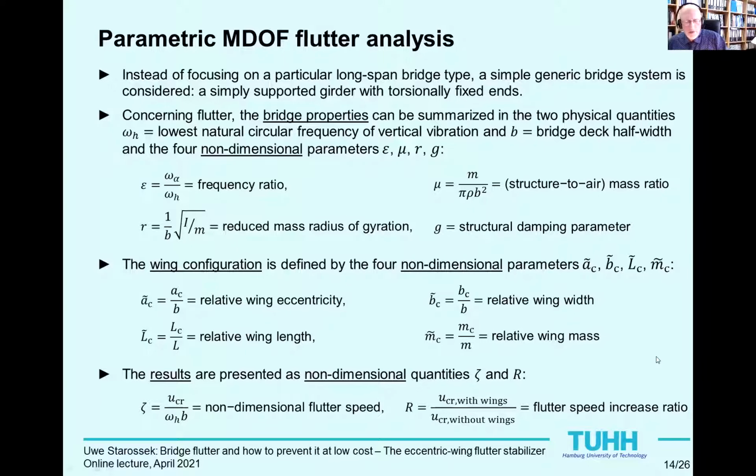It is of particular interest that the non-dimensional results do not depend on the dimensional quantities, omega_h and b, but only on the 2 + 4 + 4 = 8 non-dimensional input parameters that describe the bridge and the wings.